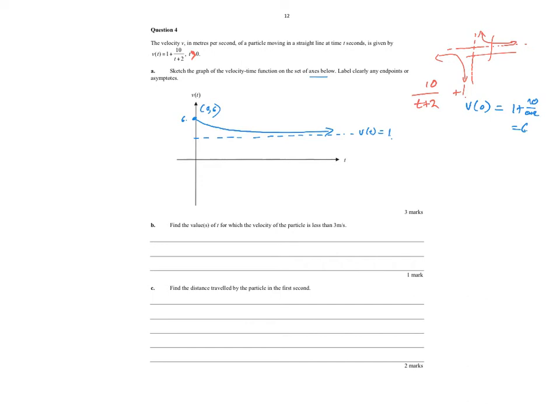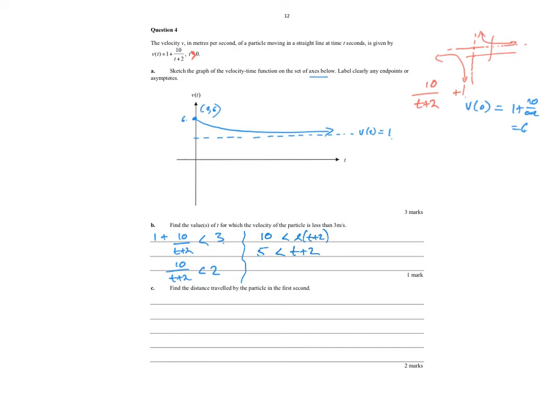Find the values of t for which the velocity of the particle is less than 3 meters per second. So I've got to solve 1 plus 10 over t plus 2 to be less than 3. Take the 1 over: 10 over t plus 2 is less than 2. So multiply: 10 is less than 2 times t plus 2. Bring the 2 back: 5 is less than t plus 2.